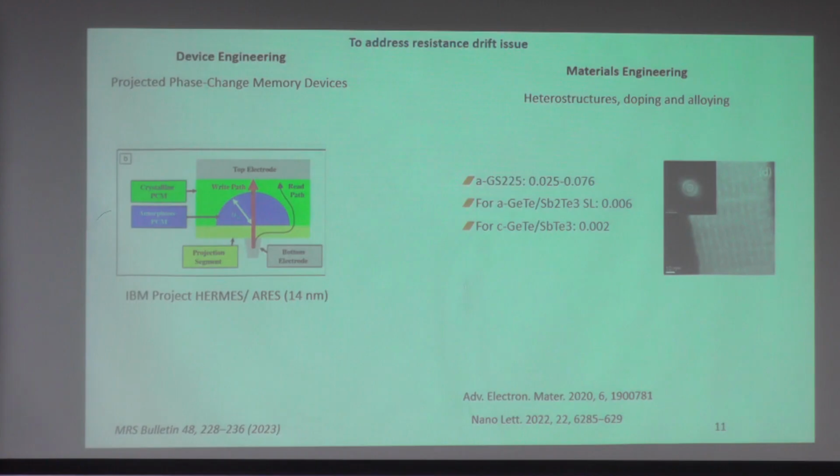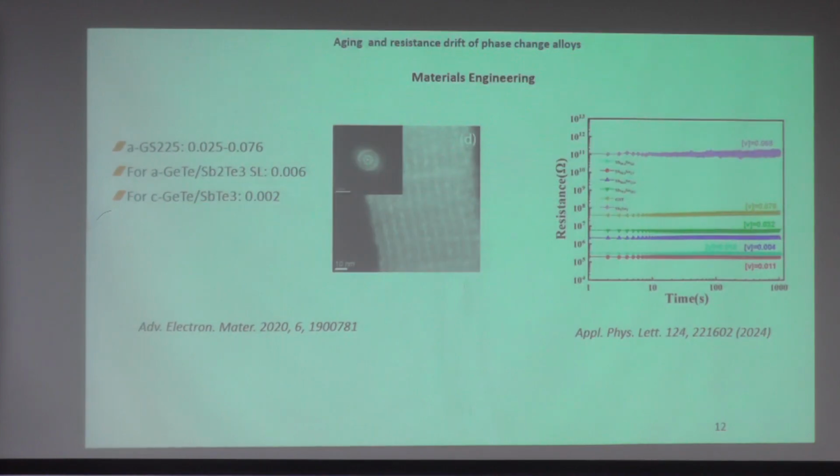You can also optimize your material. This is on the side of materials engineering. One, you can produce superlattices consisting of germanium telluride and antimony telluride, or you can combine other materials, and by this you can reduce the resistance drift.